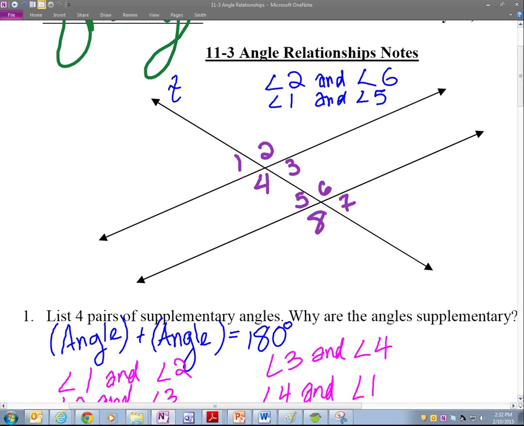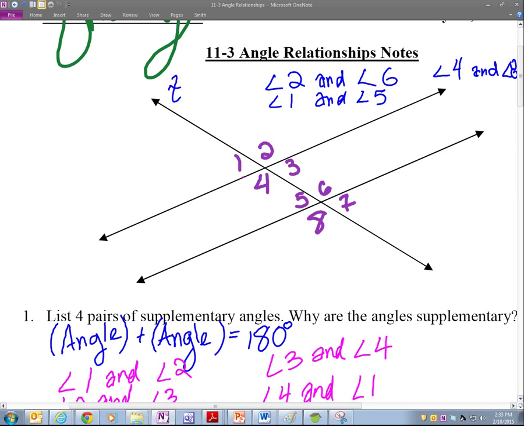Dana, what you got for another one? Angle 4 and angle 8. We need one more. What else do we have?